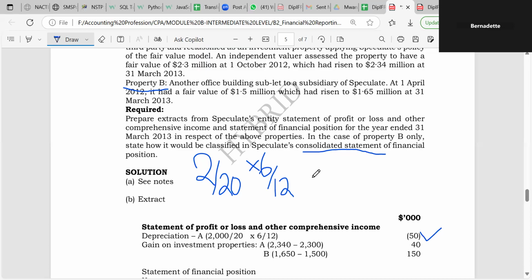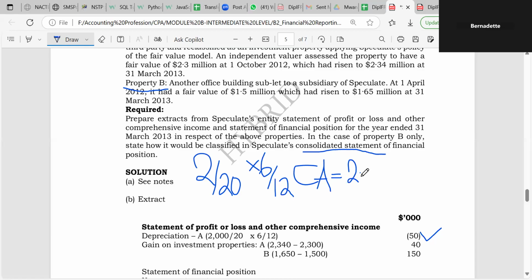And then we now have to get our carrying amount. Remember, we are treating it as PPE. So how do we get the carrying amount? We would have the 2 million minus how much? Let me just calculate it. So 2 million over 20 is 100,000. Then this over 12 is 50,000.